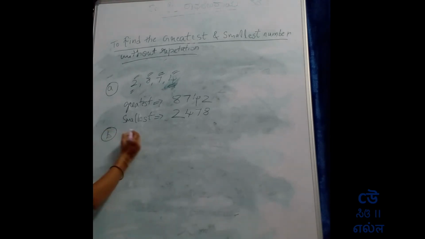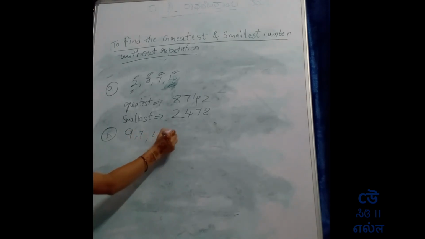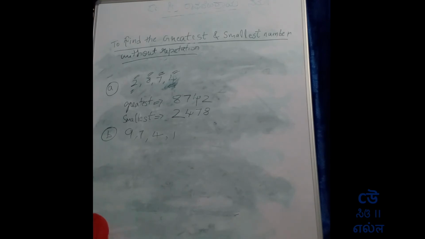Next problem is 9, 7, 4, 1. Next example is 9, 7, 4, 1. In this we have to again find the greatest and smallest number. Okay. In these 4, which is the bigger number? 9.